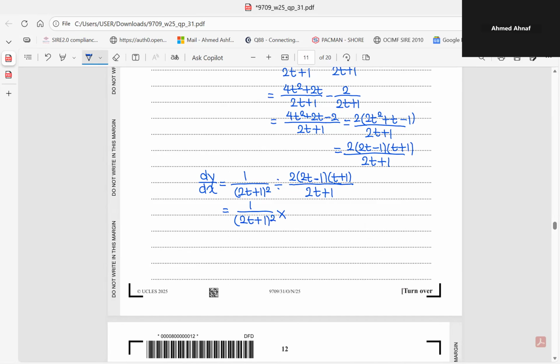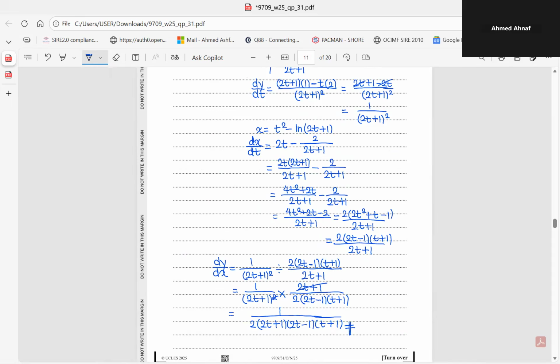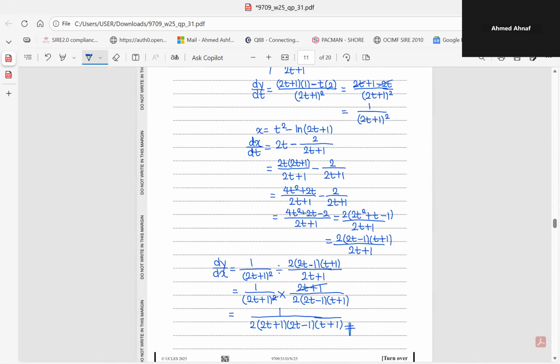So you change the division sign to times, so you'll get (2t plus 1) over 2 times (2t minus 1) times (t plus 1). So you can cancel this out. Yeah, and then you can multiply, and you'll get your final answer: 1 over 2 times (2t plus 1) times (2t minus 1) times (t plus 1). So yeah, this would be the final answer for this entire question.